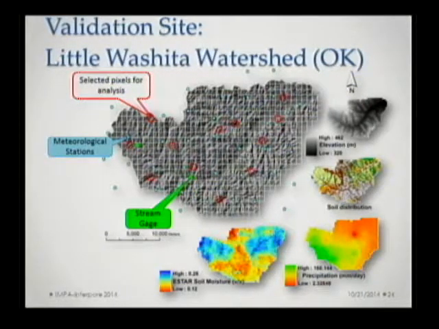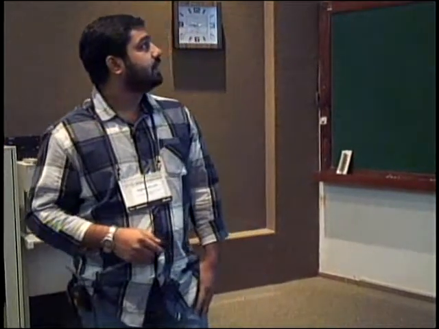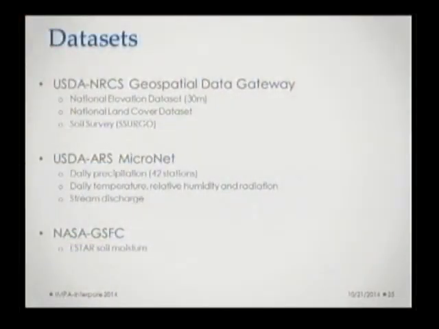These pixels were selected based on the variety that they would offer in terms of topography or the land cover or the soil distribution. Right. So just an idea of the different data that goes into it: elevations, land cover, soil survey, and also the precipitation, temperature, humidity, and the remotely sensed soil moisture.